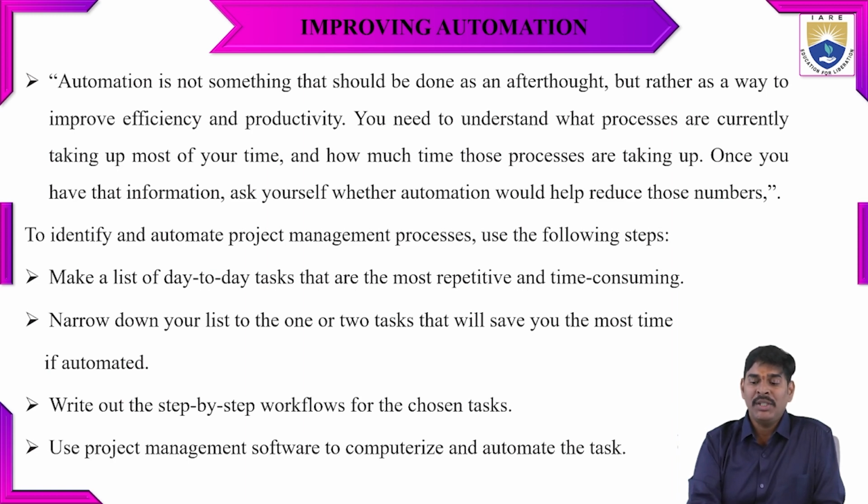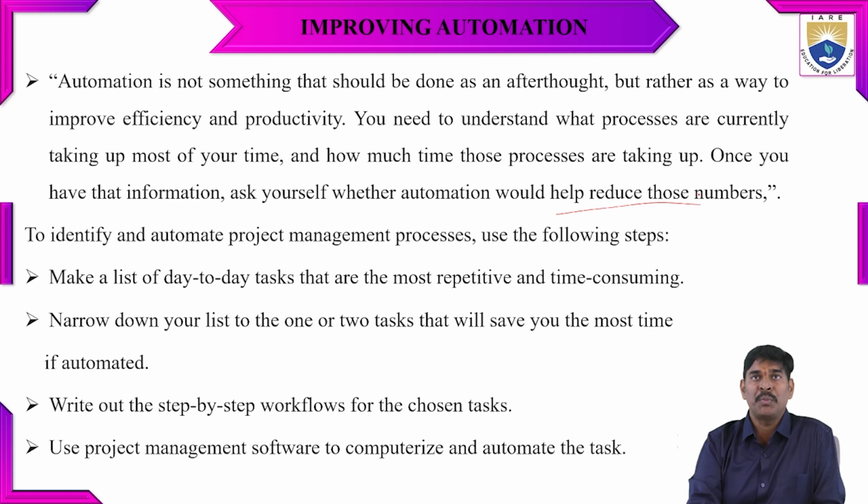Okay, and we need to understand the procedures and the process, and we need to check the duration, means time, how much time will be taken by each and every process, and also what information we need to gather, and how these automations will be reducing the time.